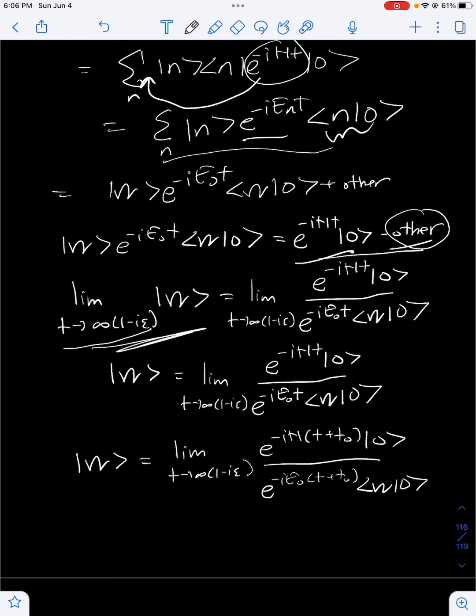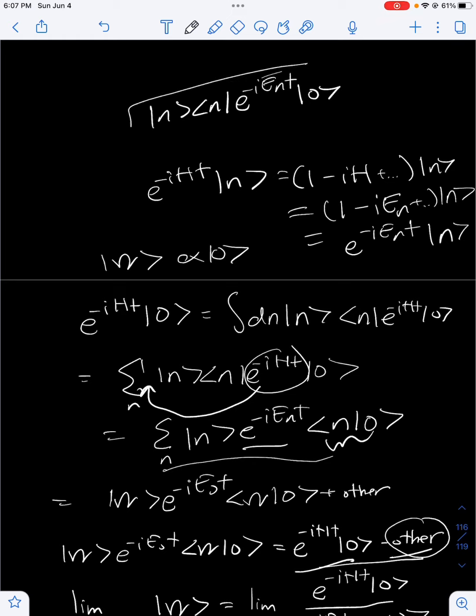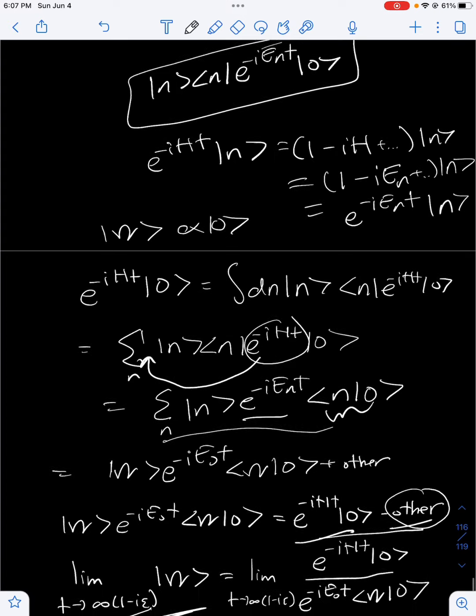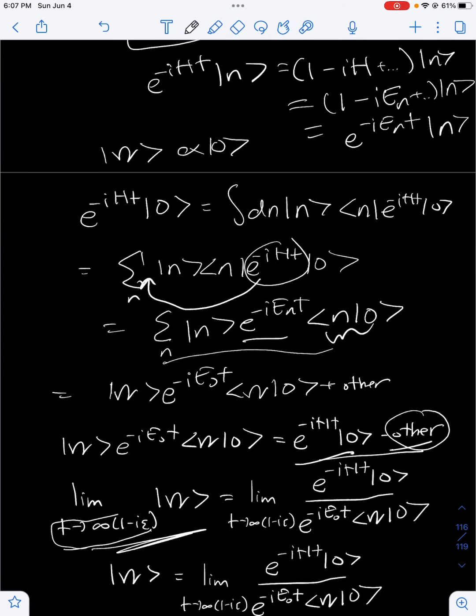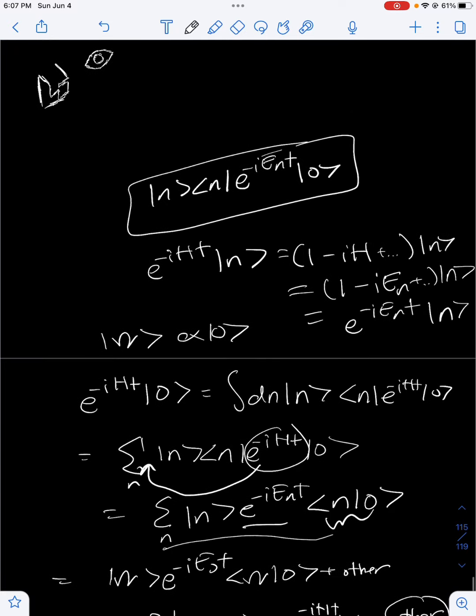The higher order terms drop out when we take the limit. And the reason that happens is because the higher order terms look like this generally, right? And we know that as n approaches infinity, this part is going to get larger, right? And what this imaginary time thing does is that it's saying that we're taking the limit as t approaches infinity times 1 minus i epsilon.